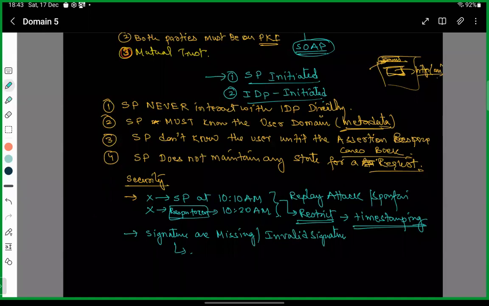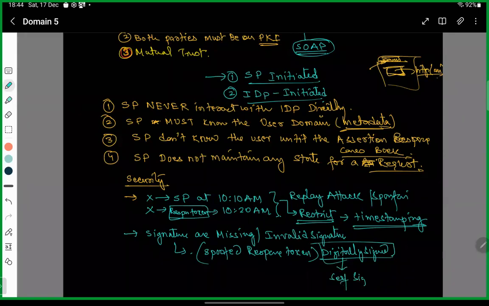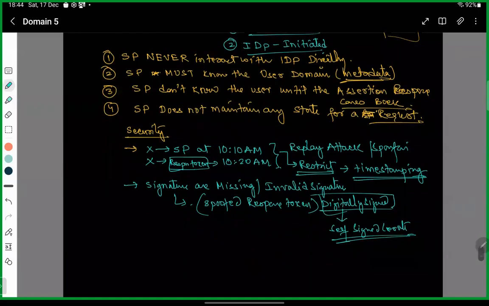They say we are from this company, and just to play a game with the service provider, they come with a spoofed response token which is digitally signed. But this digitally signed means there may be a self-signed certificate for this, not even a company-signed certificate. The hacker has signed it and sent it across to the service provider. Should the service provider agree to this?